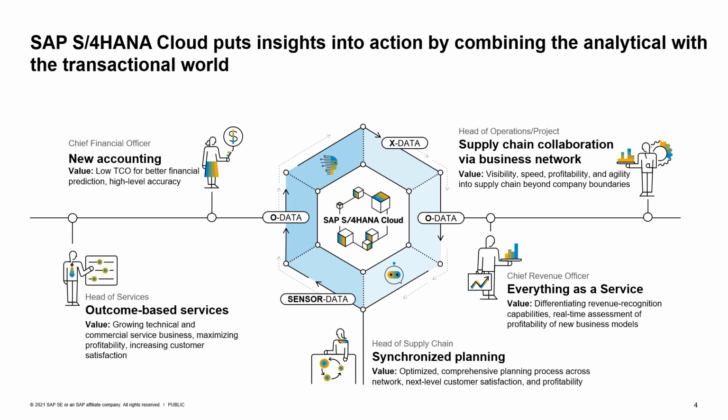Or we are addressing the chief revenue officer with everything as a service that really allows companies to transform their business models towards usage and outcome-based business models. Or we are addressing the head of supply chain with synchronized planning. And with that, SAP S/4HANA truly becomes a platform for growth, and it helps you reimagine processes and get ready for the next decades to come.